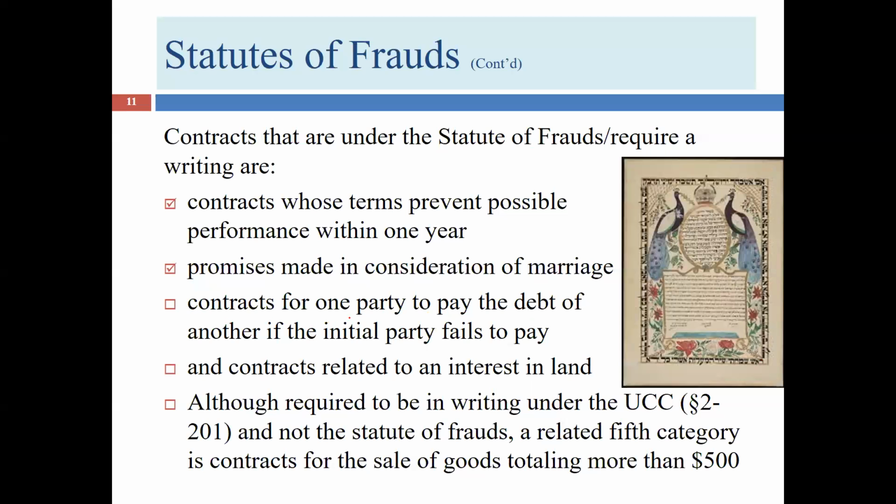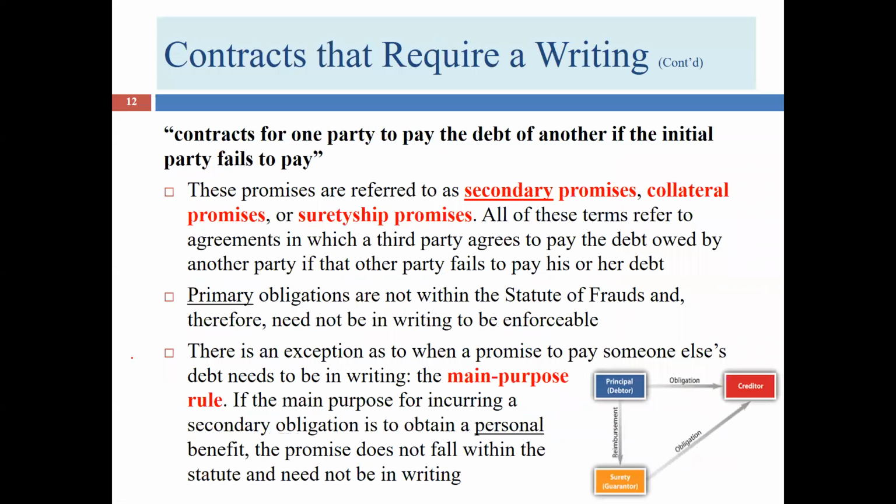This is contracts for one party to pay the debt of another if the initial party fails to pay. Okay, there's lots of different names for this. I've called it conversationally kind of co-signing that scenario.